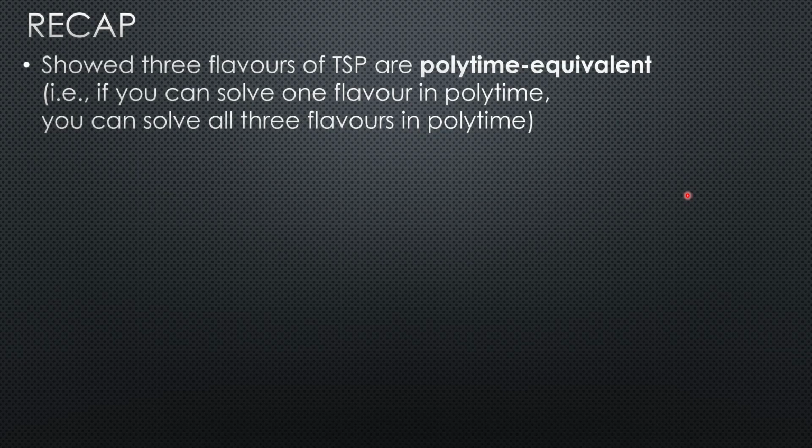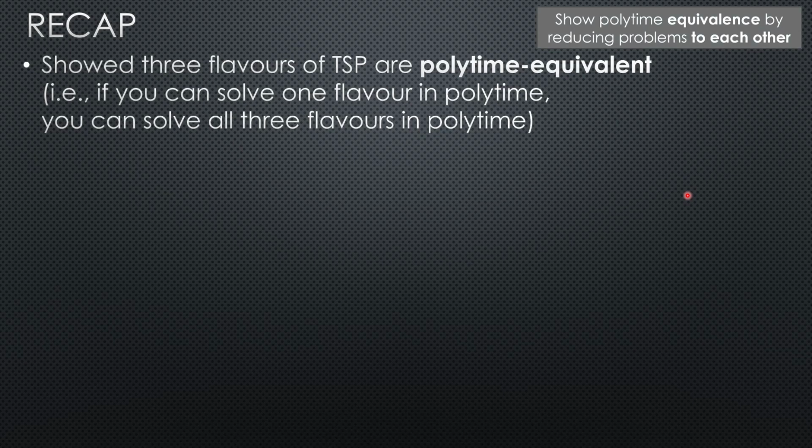If you make a graph where the nodes are problems and the edges are directed edges showing which direction the reductions are happening in, you'll find that the 3 different TSP problem flavors are part of the same strongly connected component. So they are all equivalent in the sense that if you can solve one of them in polynomial time, you can solve all of them in polynomial time by possibly a sequence of reductions. So these 3 flavors of the traveling salesman problem are polytime equivalent.